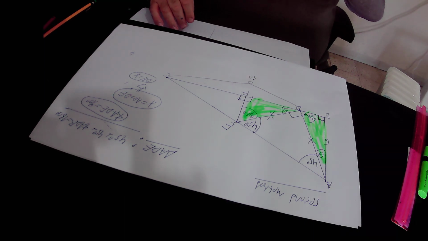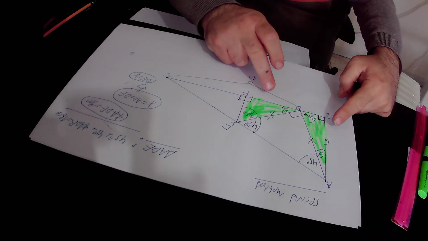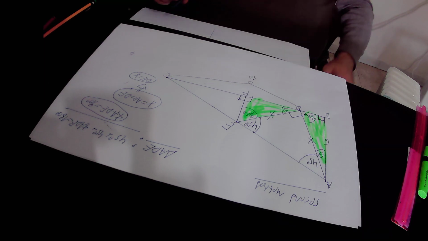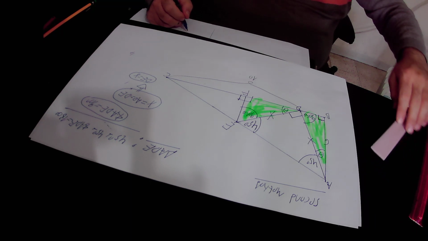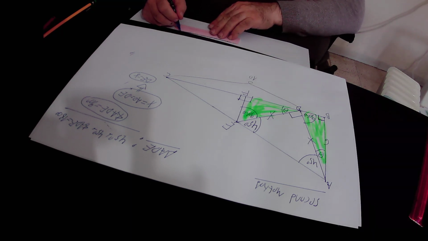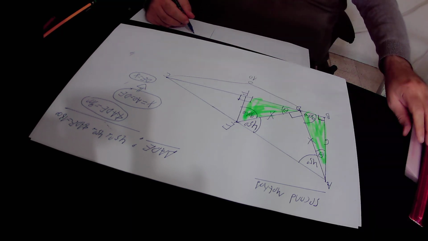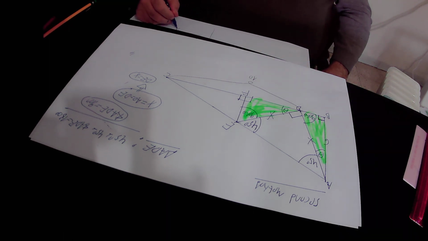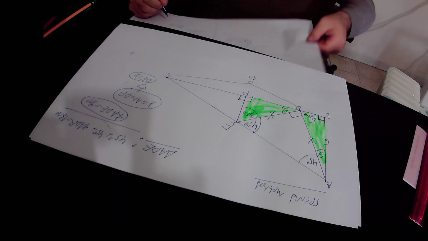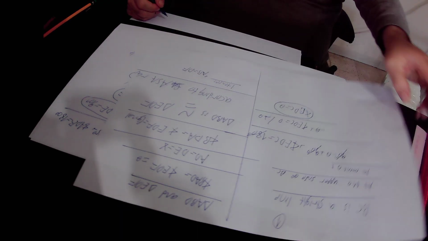And from the fact that those two triangles are congruent to each other, we conclude that AB equals DF.